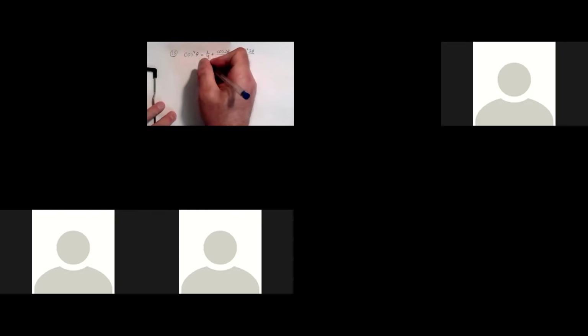What side would you think that I should work on? What side do you think we should work on? Well, the right side does look a little bit more involved than the left side, doesn't it?